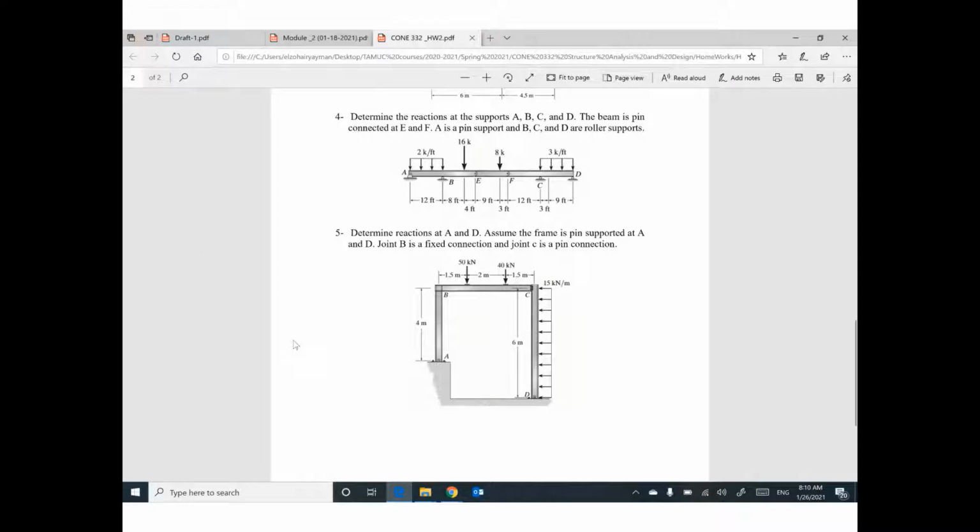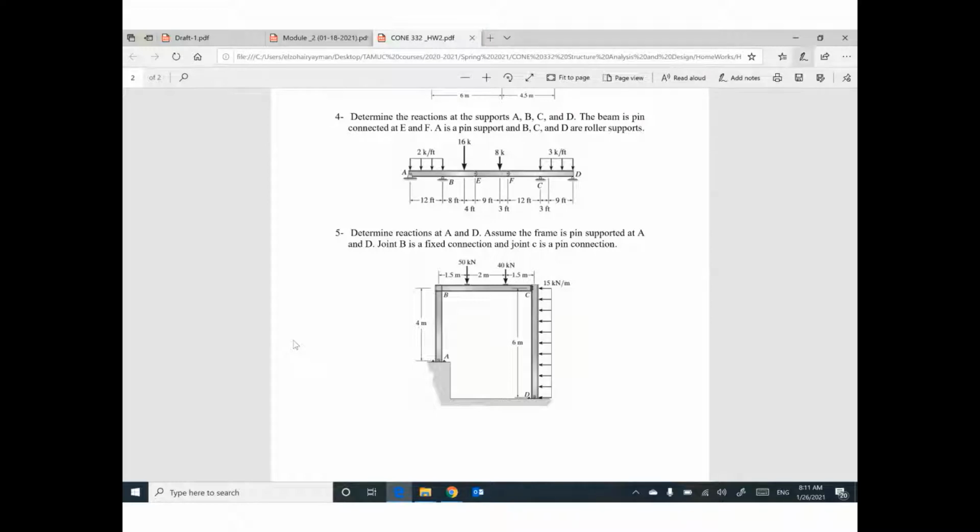So guys, last meeting we started to solve reactions, and we learned that we have 3 types of supports: fixed, hinged, and roller. Fixed has 3 reactions, hinge 2 reactions, and roller 1 reaction.